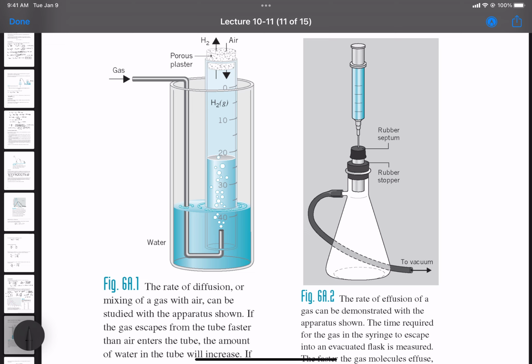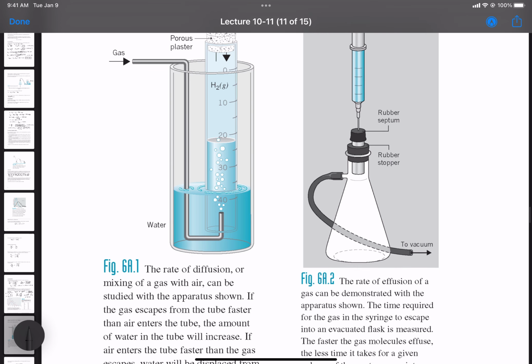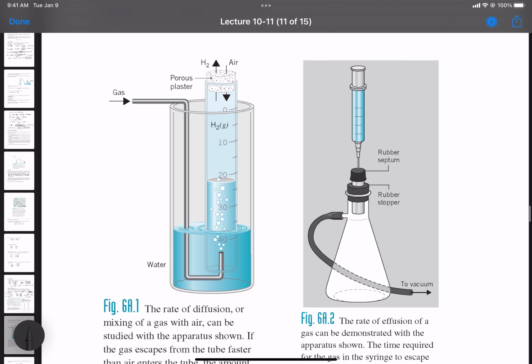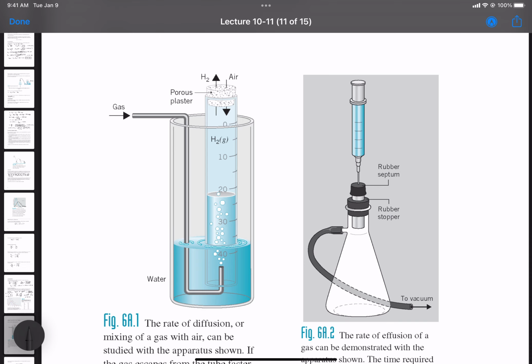Is the hydrogen gas escaping into the air faster, or is the air diffusing into the tube of water? If you take a look, if air enters the tube, the amount of water in the tube will increase, right? Because it'll push the water down, and it'll overpower the opposing pressure from the hydrogen and push the water up through the tube.